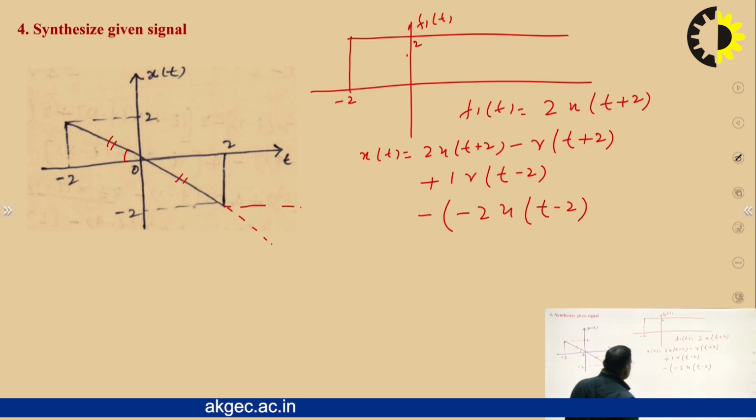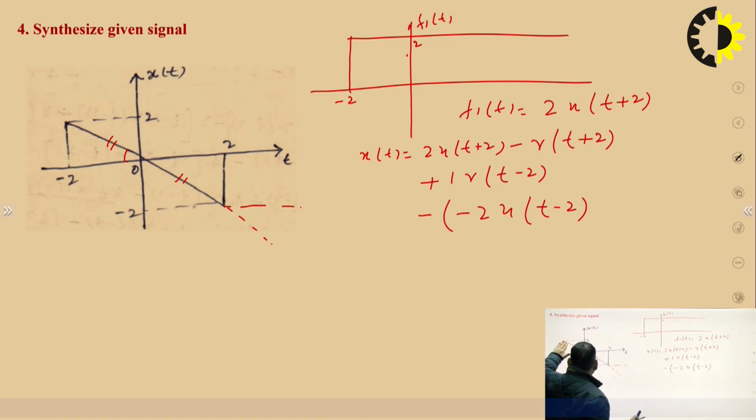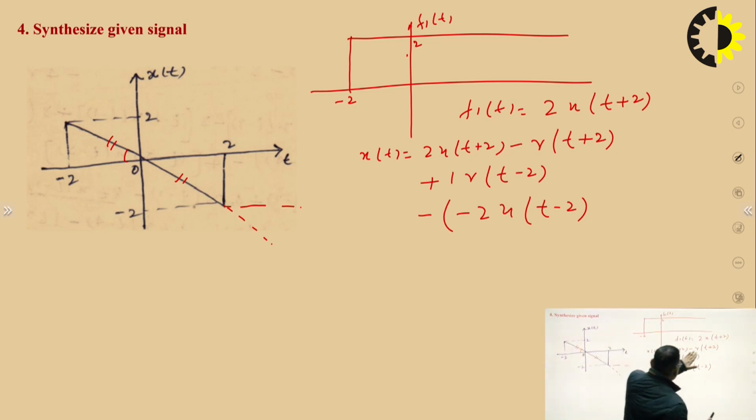Look at here. First, an advanced unit step at t is equal to minus 2, and at the same time there is a ramp with negative slope. This is also an advanced ramp, and we have added a positive slope here.